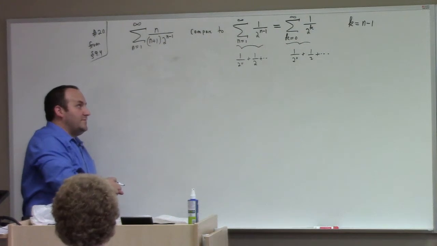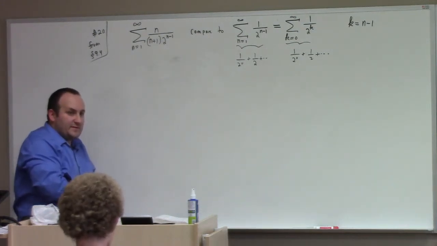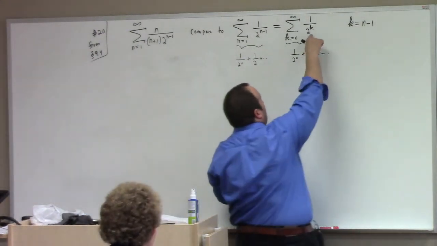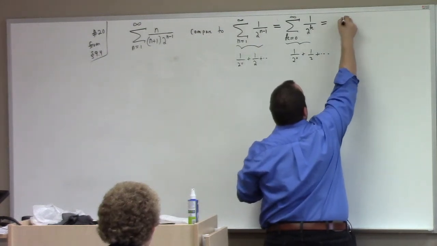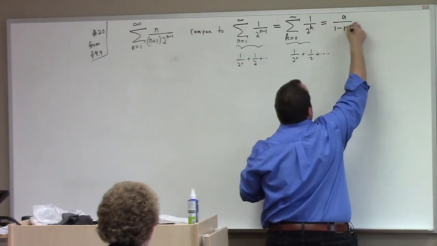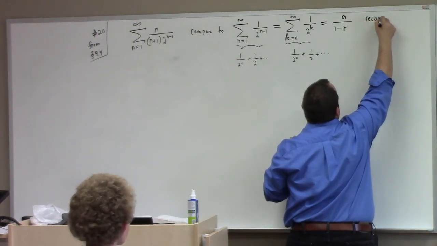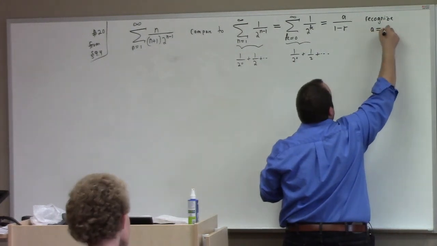But the right one is to be preferred at the moment because we already have a formula for the geometric series there. What is our formula if we start at 0? My point is you can recognize what is A and what's R there, right? What's A equal to? A equals 1, right?